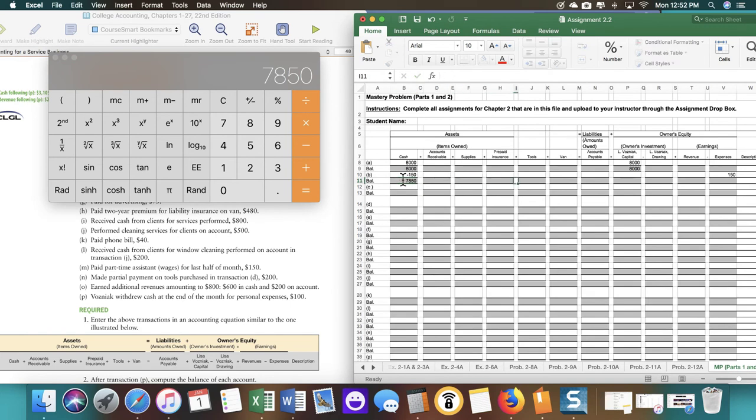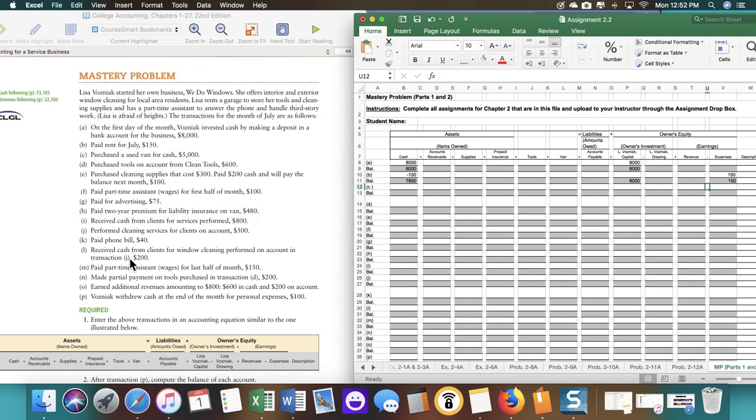And then again, it's going to be 8,000 and then 150. So you're going to continue through the rest of the transactions, and that is what you would do for part 1.